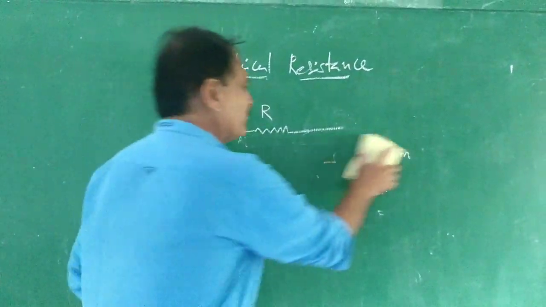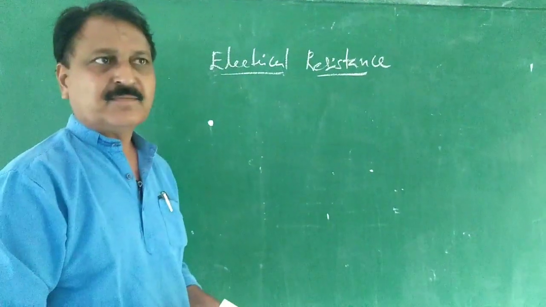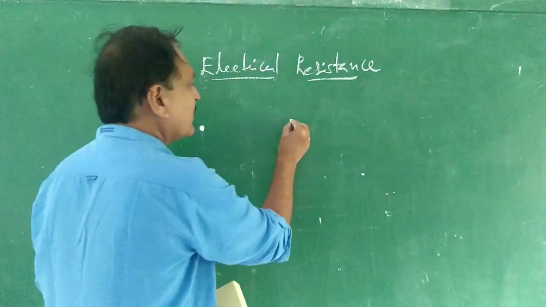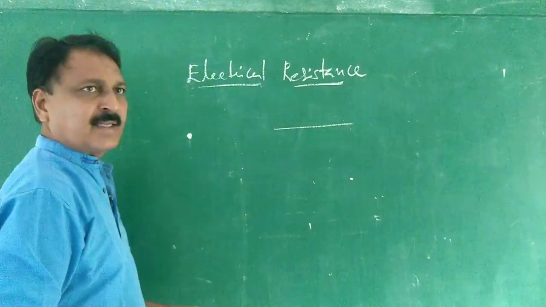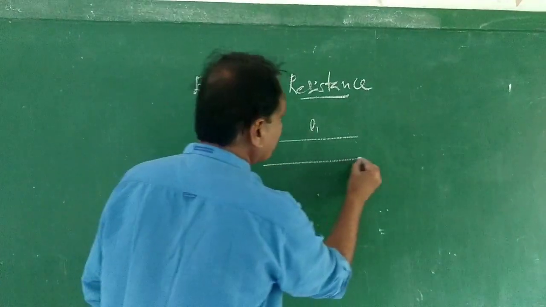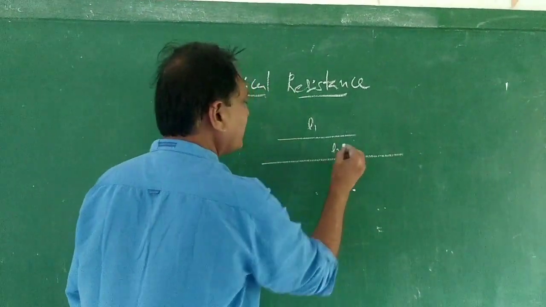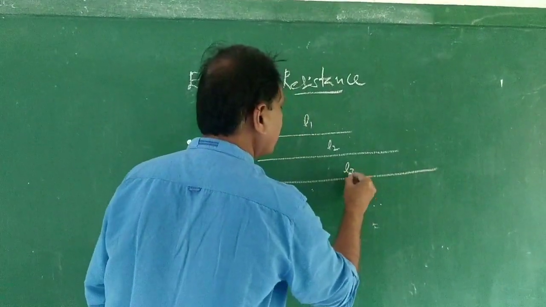Let us see on what factors the resistance depends. Suppose I am taking a copper wire. This is a copper wire of length L1. This is another copper wire of length L2. This is another copper wire of length L2.